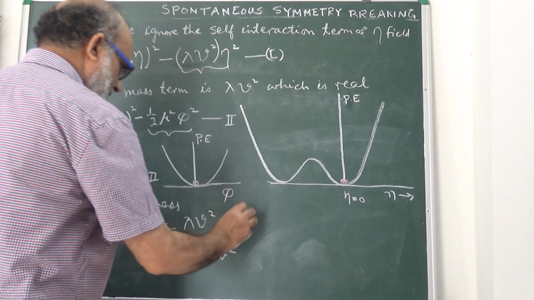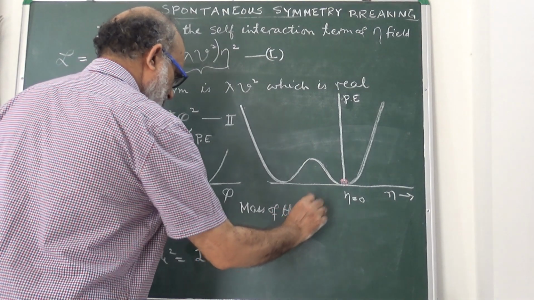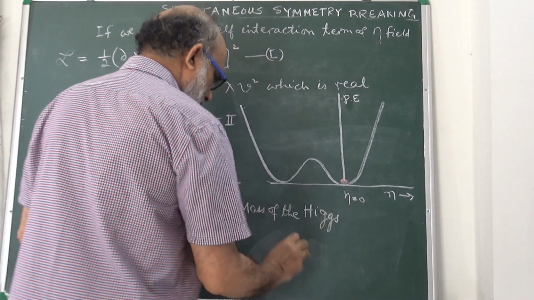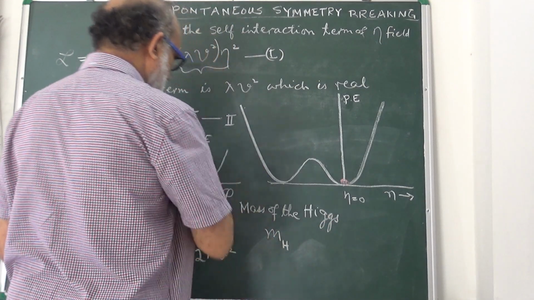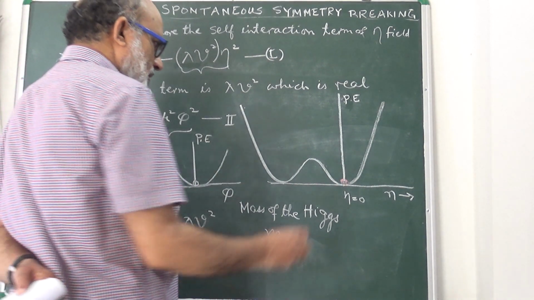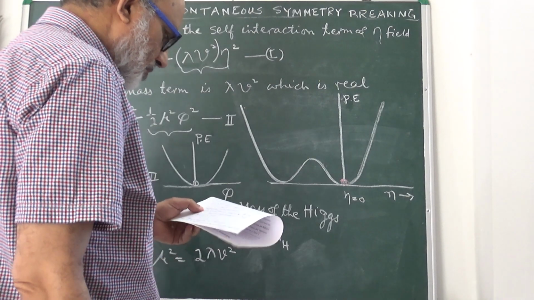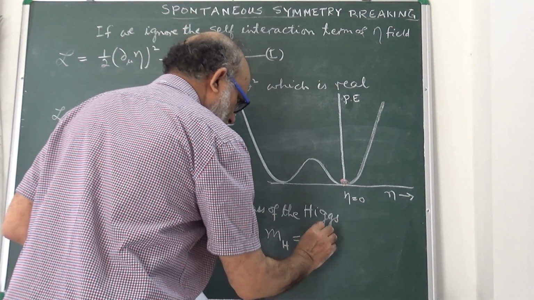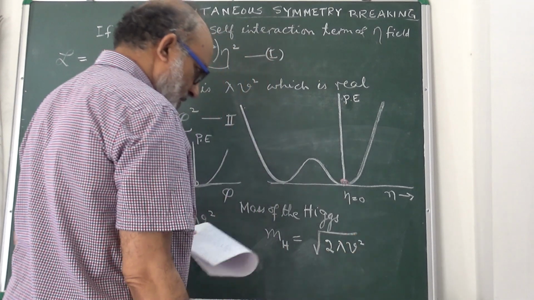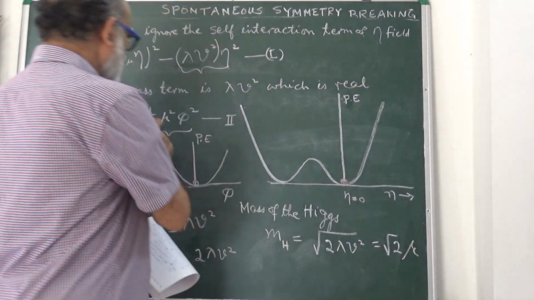So the mass of the Higgs field, because this is the Higgs field, and the mass which originates here due to the excitation of the field is the mass of the Higgs field. So the mass of the Higgs field will be under root 2 lambda b square, which is under root 2 times the mass of this field.